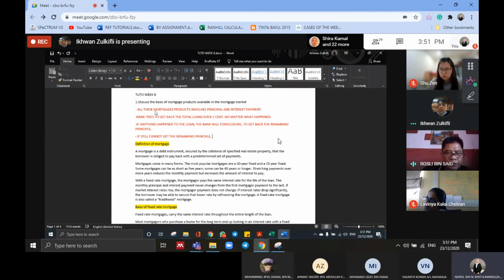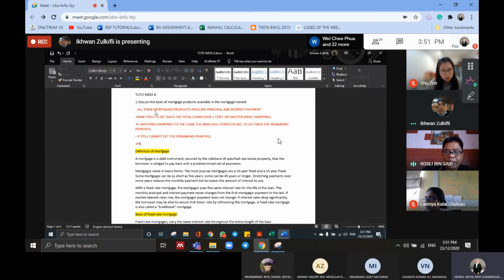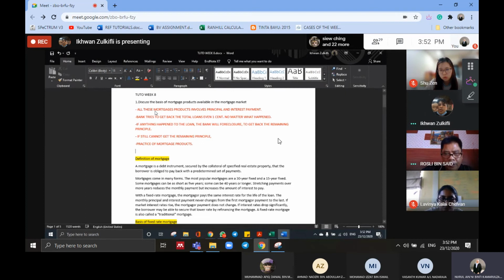Just go straight to the definition of mortgage, and then go to the basis of mortgage product as the second stage. And then you elaborate all of the mortgage products that we have, not too detailed, because if you go to that detail, you don't have time to answer. And then your answer must have pros and cons. Okay, that's the answer for this question.